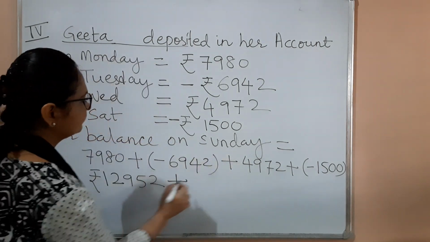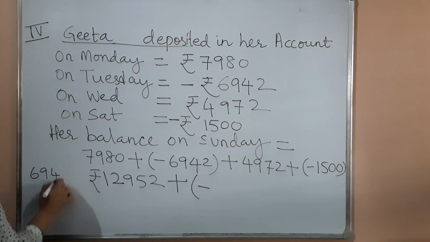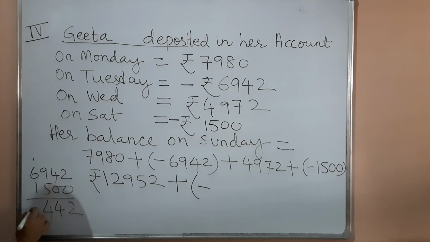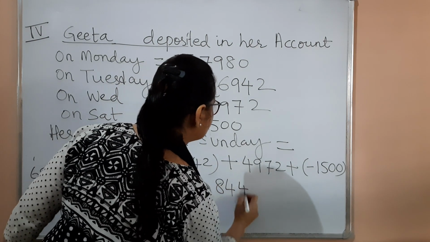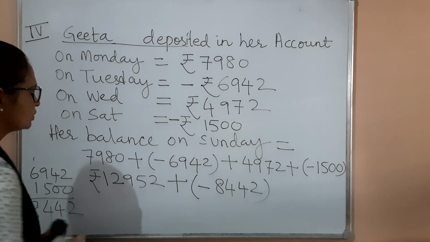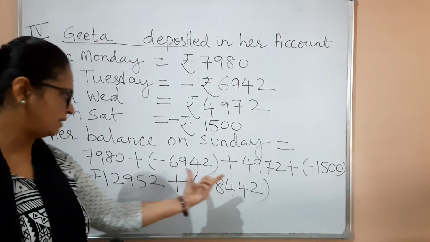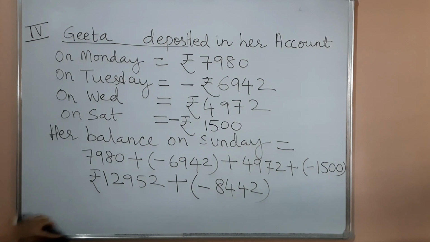It is minus 6942 or 1500. So that makes minus 8442. Alright. That means in total she deposited 12,952 rupees, but in these 4 days she withdrew this much and deposited this much.